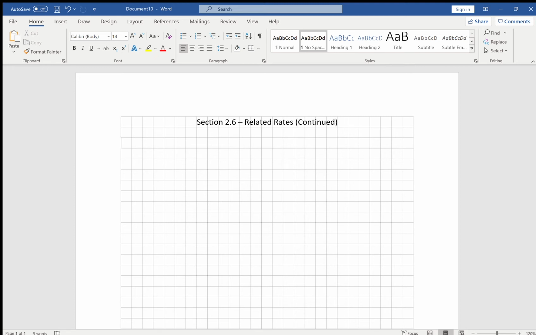Today we're going to continue with the subject of related rates. Remember, in a related rates problem, you're given a relationship between two variables.